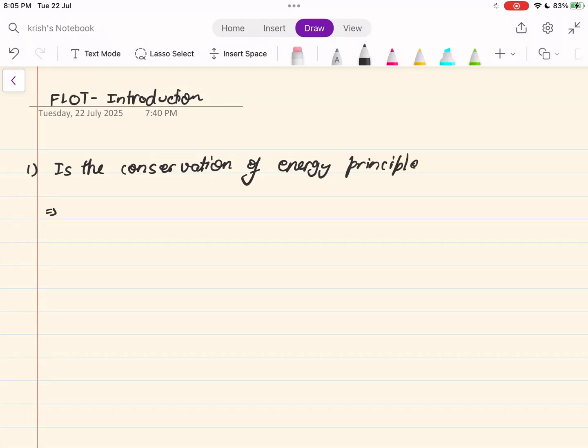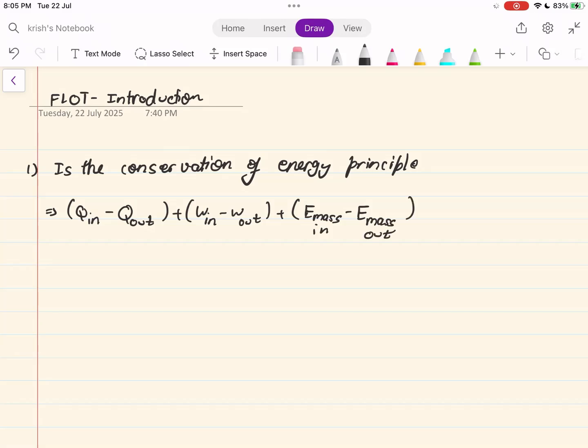That means Q in minus Q out plus W in minus W out plus energy of the mass flowing in minus energy of the mass flowing out equals U2 plus KE2 plus PE2 minus U1 plus KE1 plus PE1.